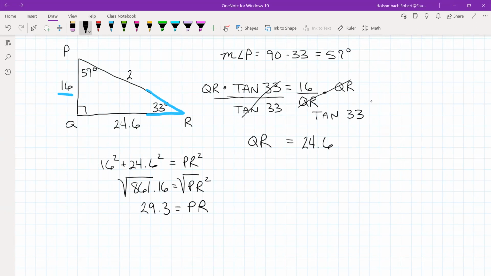And it's the hypotenuse, and it's the longest side of the three. So everything looks like it makes sense. Here's the measure of angle P. Here's QR. And here's PR.